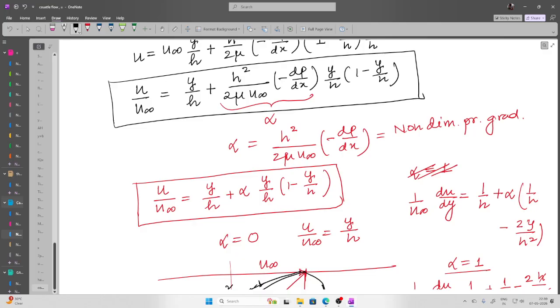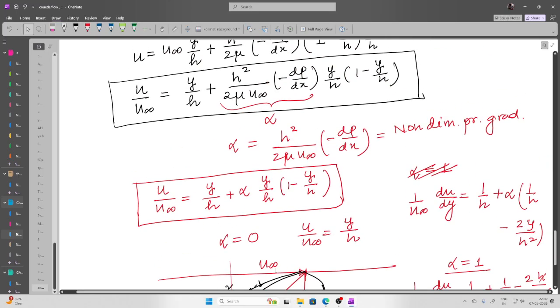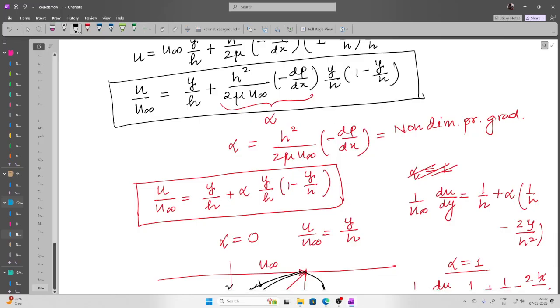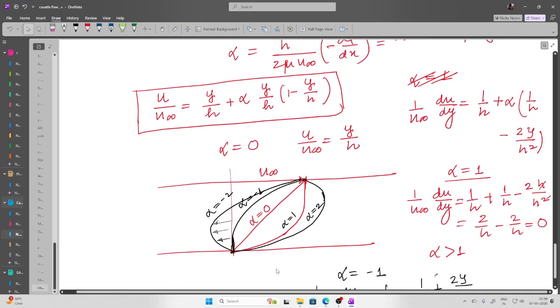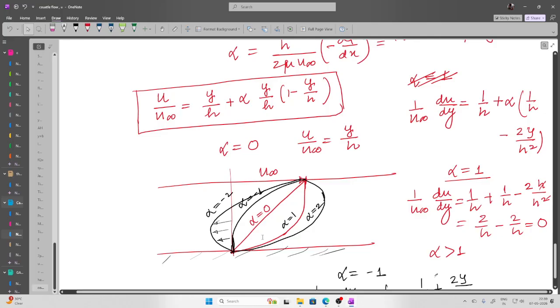When alpha is minus 1, it is on the verge of separation, and when alpha becomes minus 2, minus 3 and so on, this becomes such a huge value that at the boundary it tries to separate, not only tries, it separates itself, and hence the flow becomes moving from right to left rather than left to right at the boundary, which is fixed. So that's why the knowledge and the choice of alpha is so important when it comes to Couette flow.